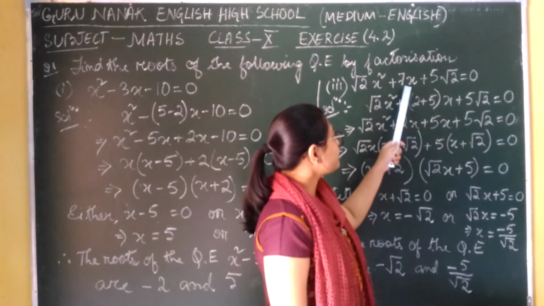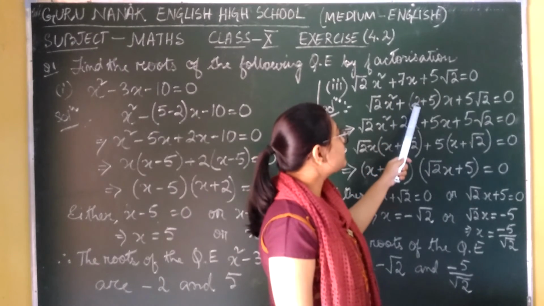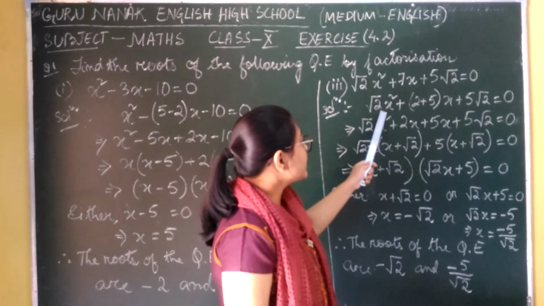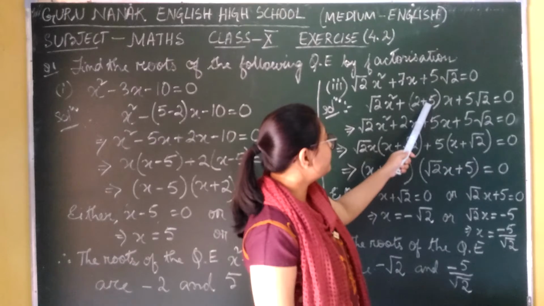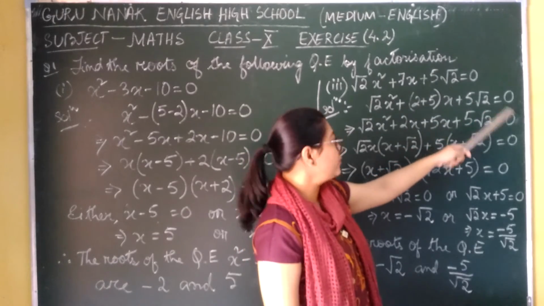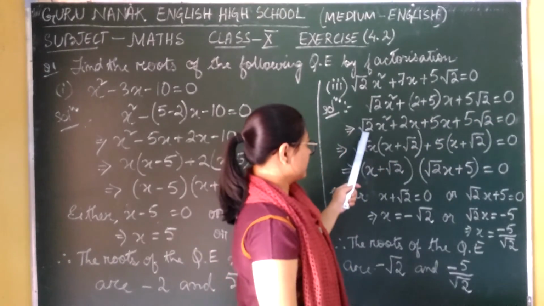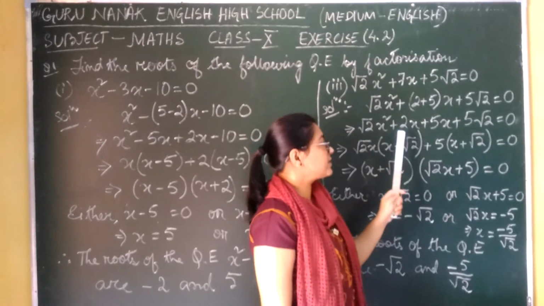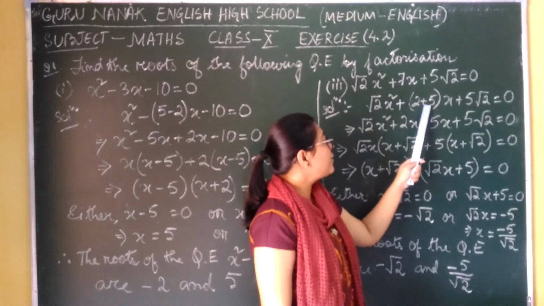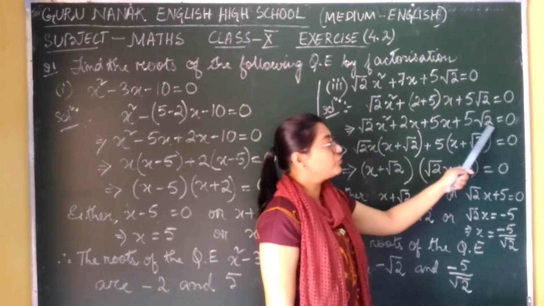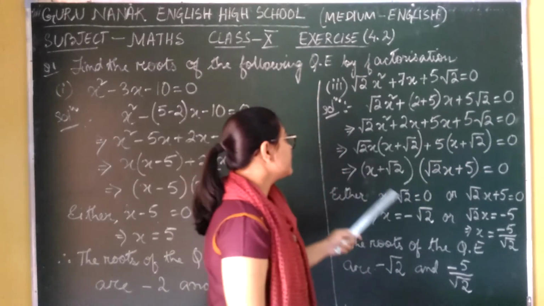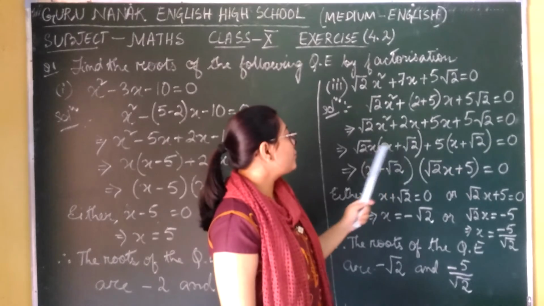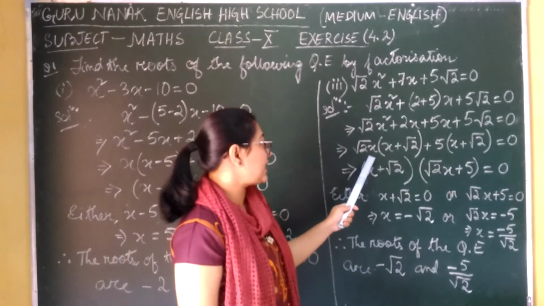Now 7, we will split it up as 2 plus 5. Now root 2 x squared plus (2 plus 5)x plus 5 root 2 equals 0, that is, root 2 x squared plus 2x plus 5x plus 5 root 2 equals 0. From the first two terms, root 2 x squared and 2x, we can take root 2 x as common.